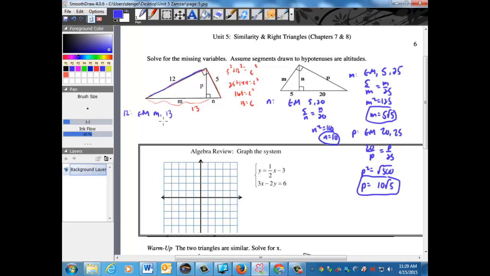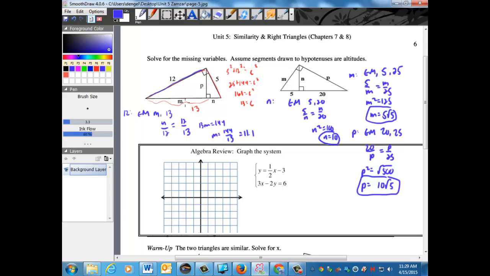To find the GM of m and 13, I take m over 12 equals 12 over 13. 13m equals 144, and then m would be 144 over 13. Let's convert that to a decimal. 144 divided by 13 is going to give us 11.1. Alright, so m is going to be 11.1.